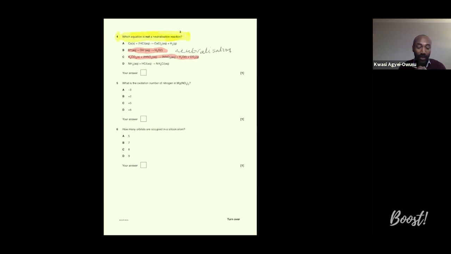And finally, we've got ammonia in D, which we did identify earlier as being an alkali, and it's reacting with HCl, aqueous. So again, we can rule that out as being a neutralization reaction. And so the correct answer, we're left with A, which shows a metal reacting with hydrochloric acid.